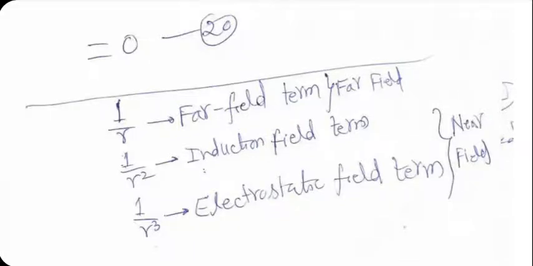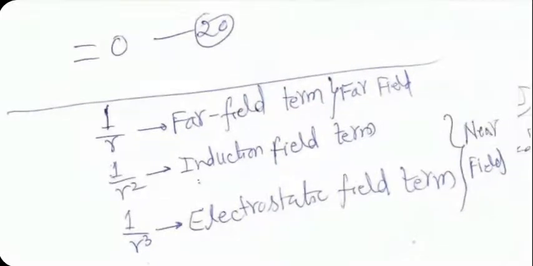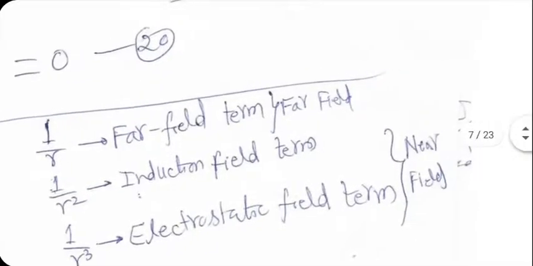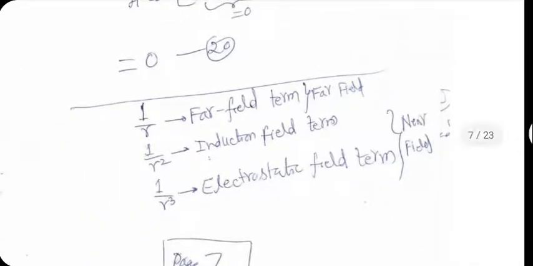The 1 upon r square term is given a special name called the induction field term. There's a reason for it. It's given in the book. It follows the law of induction. But don't worry too much about proving it. The 1 upon r cube term has been given a specific name, the electrostatic term. The 1 upon r square and 1 upon r cube terms taken together are known as near field terms. Something just to know.